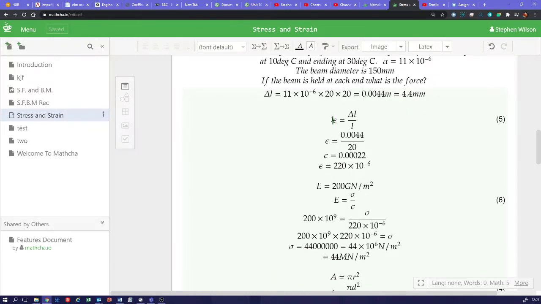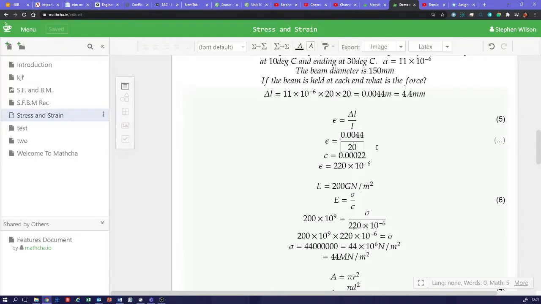Right, so we start then with stress, strain. We start with strain because we know the original length and we've just found the changing length here. Okay, so we've put those numbers in. I'm keeping that in meters, so I could also have written that as 4.4 times 10 to the minus 3, to keep it in meters, sorry.